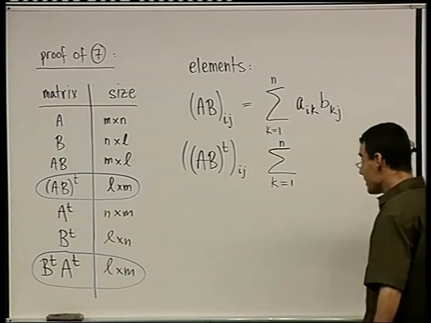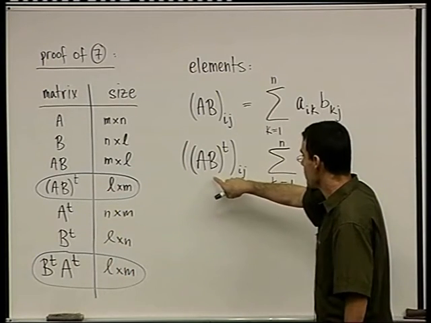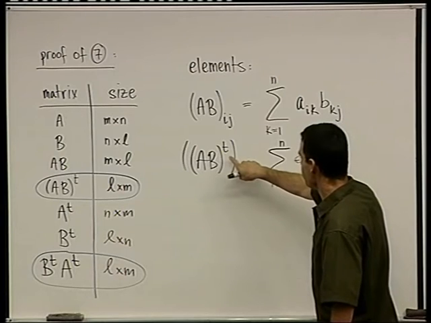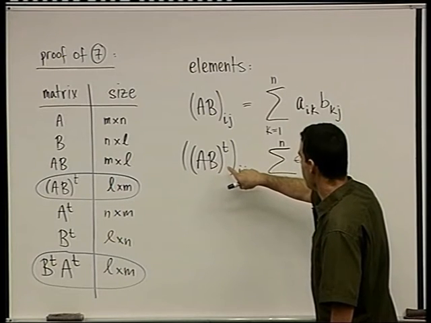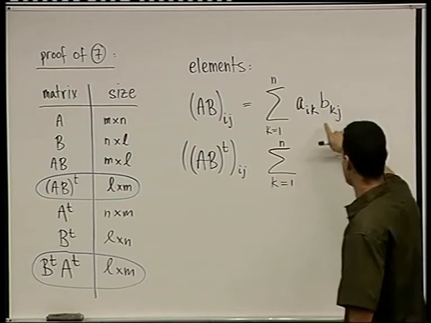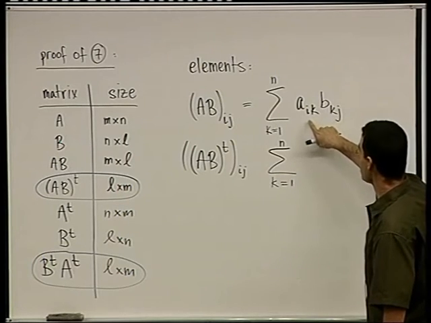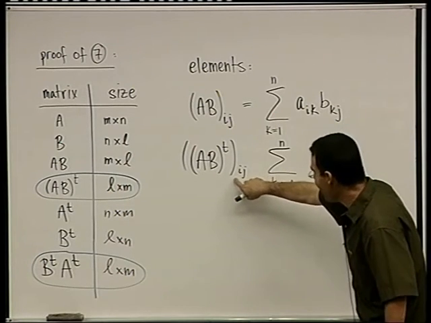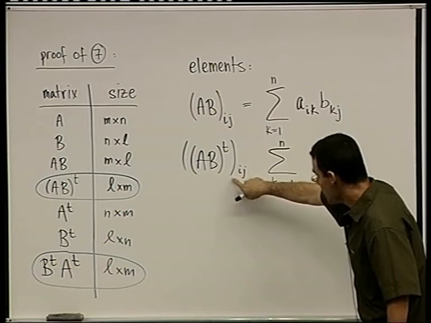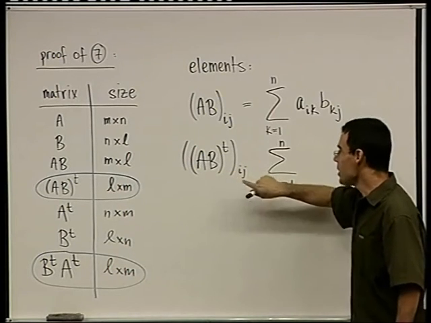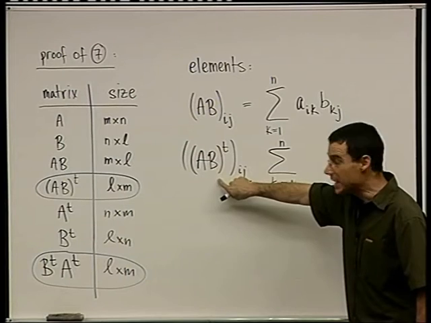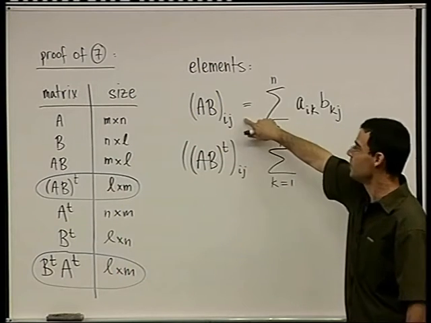We need to take the AB transpose, right. So the ijth element of the transpose is the jith element of this one.